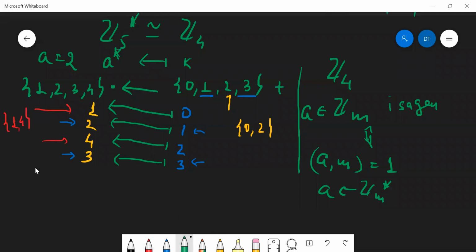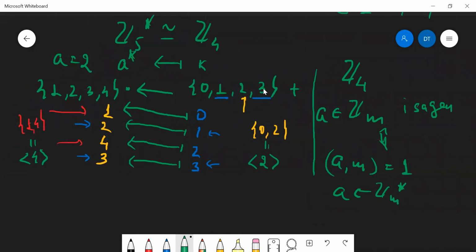So here, the element 2 generates this subgroup, and here, the element 4 generates the corresponding subgroup. And this is how you use the isomorphism.